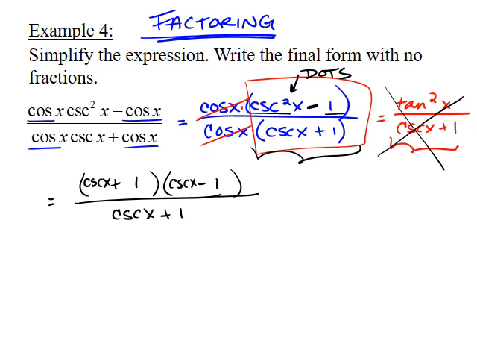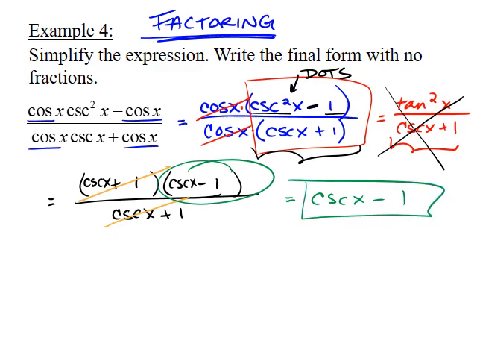What do you know? I have a cosecant of x plus 1 and a cosecant of x plus 1, leaving me with cosecant of x minus 1. We don't want our answer to have any fractions, so this is our final result.